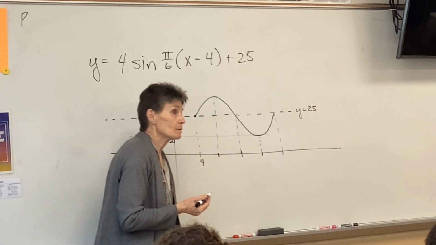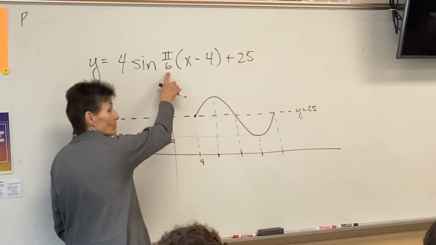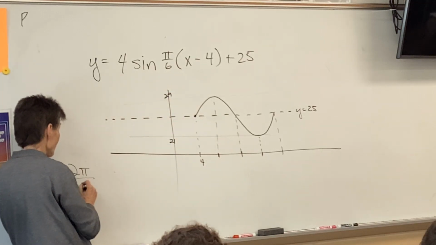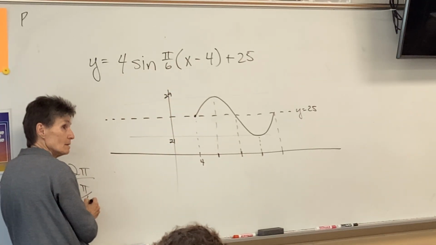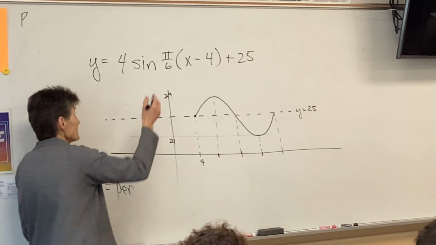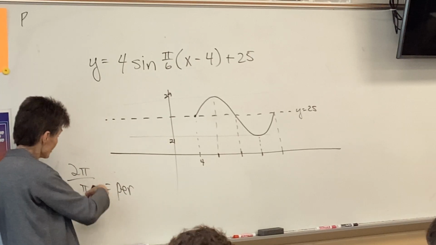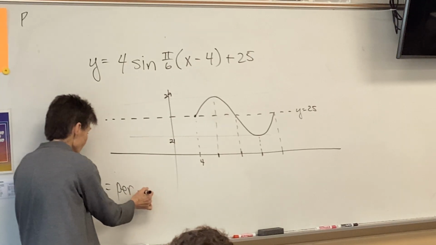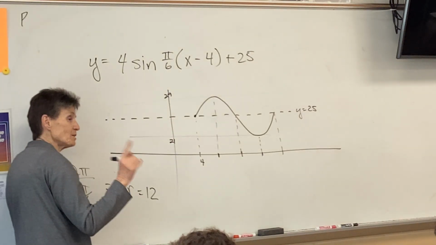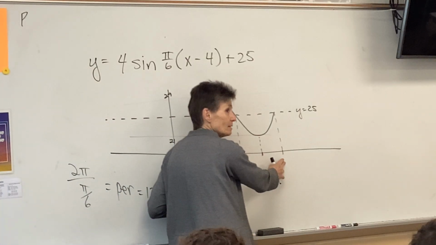You could set 2 pi divided by x or whatever equals pi over 6. No. Or, 2 pi divided by pi over 6 is gonna give me my period, right? This is the number that divides 2 pi. So, does that work out to be 12? Once you know your period, can't you find your stopping point?